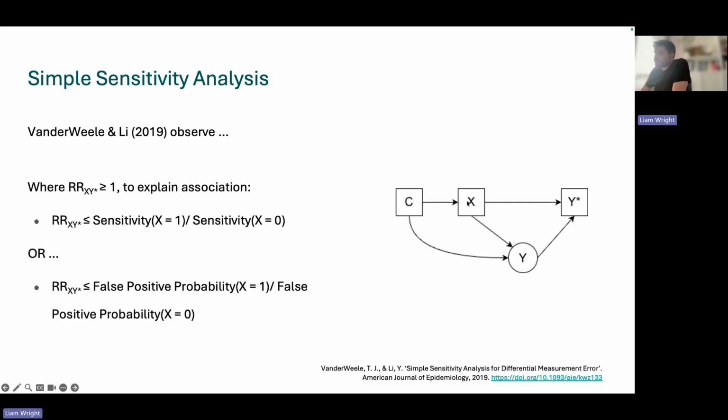So there's two paths through which those variables can be associated. There's the causal path from x to y star, or the path that you're interested in, I should say more specifically. And then there's the spurious survey design-led path, which is from x to y.